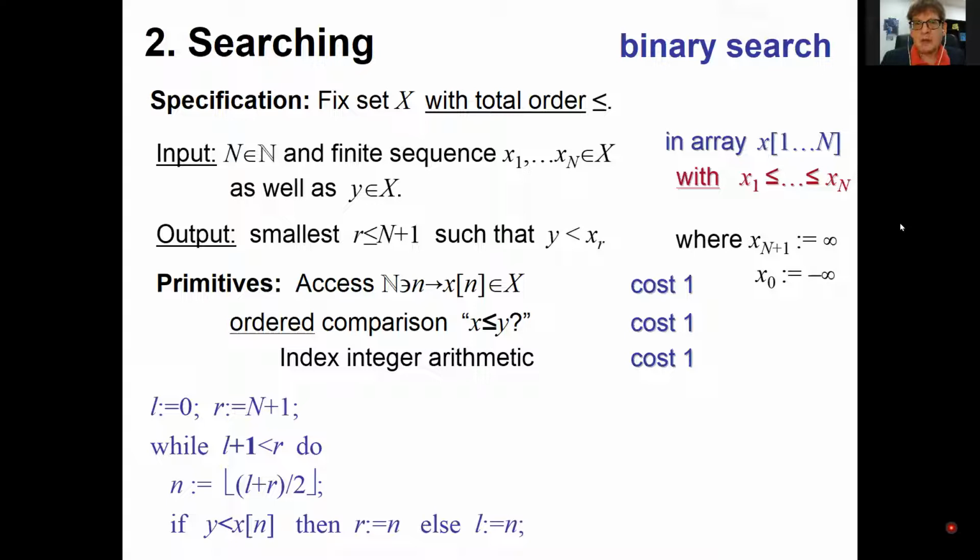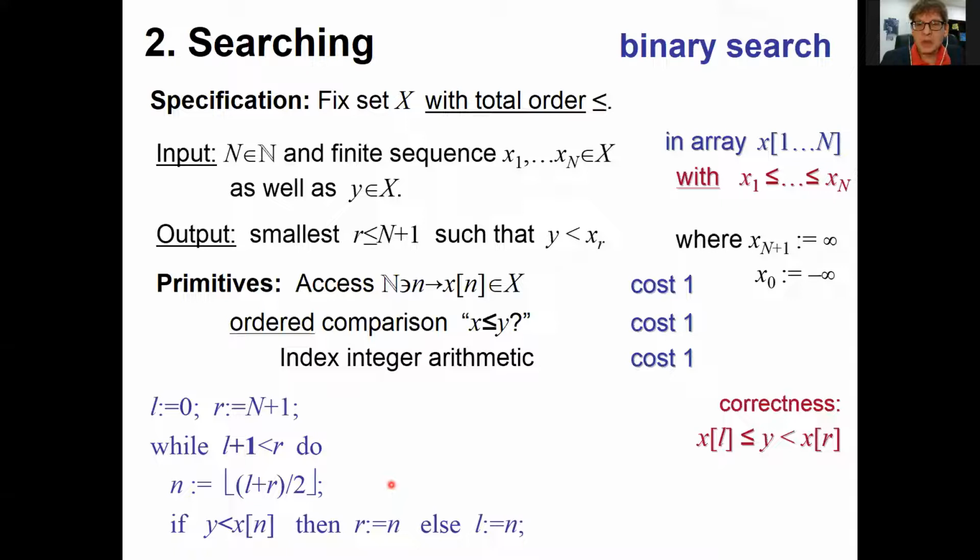So the interesting part in binary search is not the algorithm, but the analysis, which pertains to two properties. First, the correctness, and second, the running time. And this is a great exercise in formally proving correctness and formally conducting a runtime analysis.